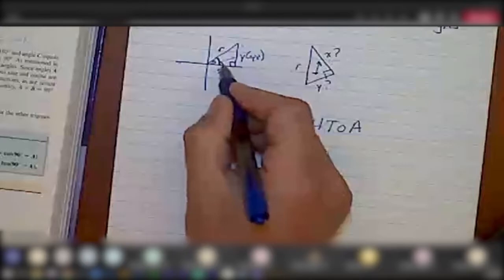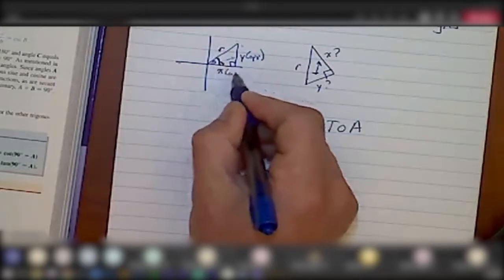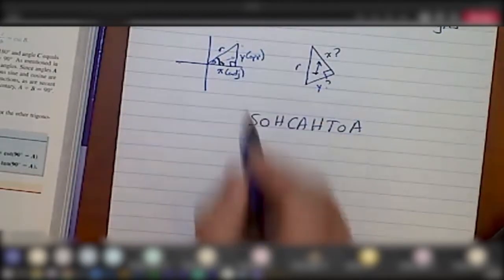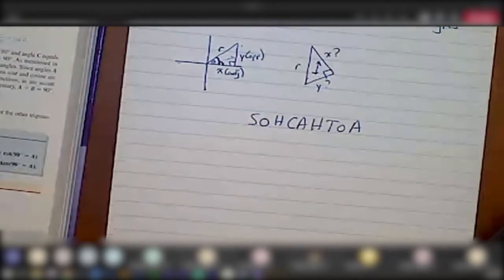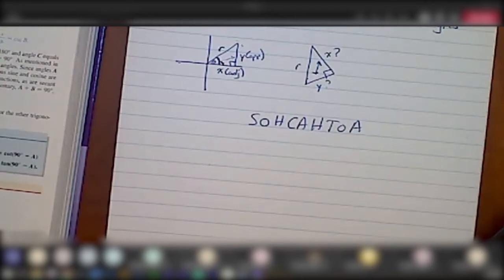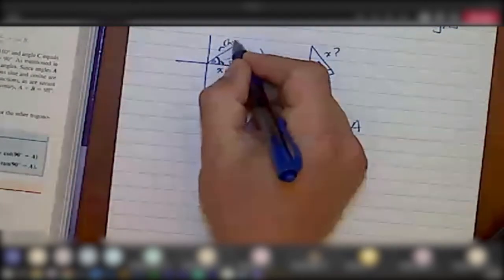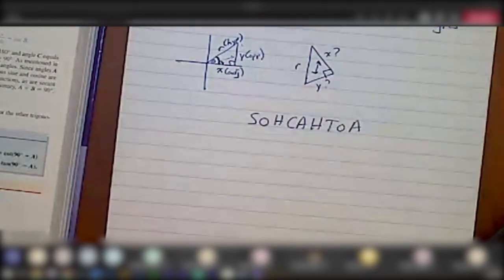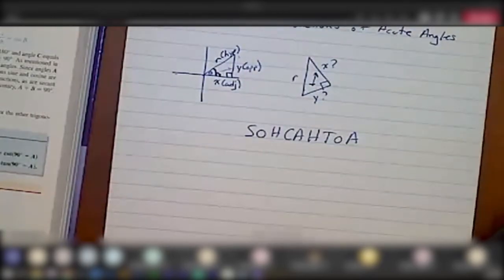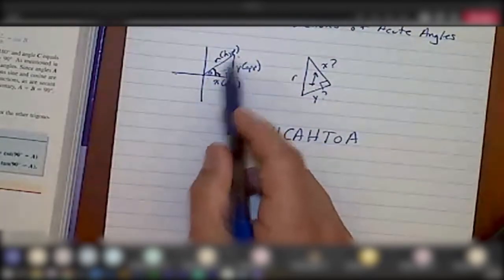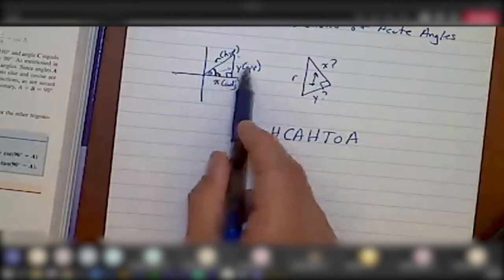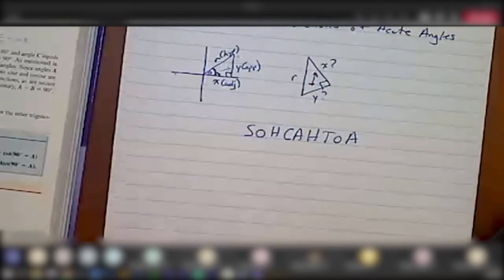Now we're going to call this the adjacent side. Adjacent is a word from geometry. You should know it means touching or sharing. This up here is still the hypotenuse. So all we're doing is renaming the triangle based on the angle you're looking at: the opposite, the adjacent, and the hypotenuse.